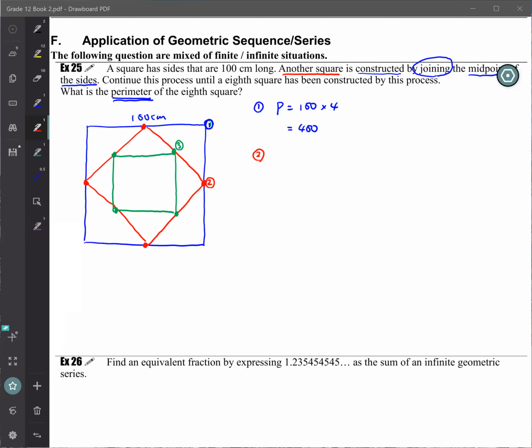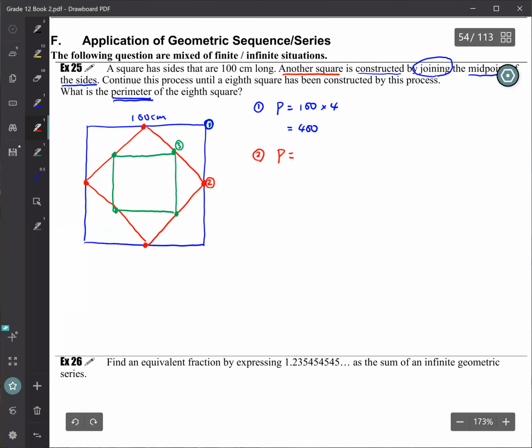Any plan? What should we do to get the second square's perimeter? Anyone? Any suggestion what to do?